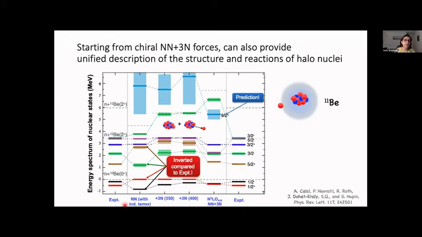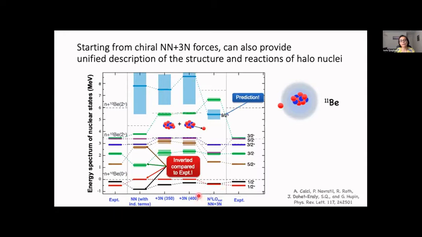And what is shown here is that, of course, as usual, when we are just using the two nucleon part of the interaction, the chiral interaction, we cannot obtain the parity inversion of the ground and first excited state of beryllium-11. And then by reducing the cutoff in the regulator of the trinucleon force, it looked like we were reaching the inversion, but things didn't really work out, because if the regulator is too small, we go back basically to the situation of the two nucleon interaction.